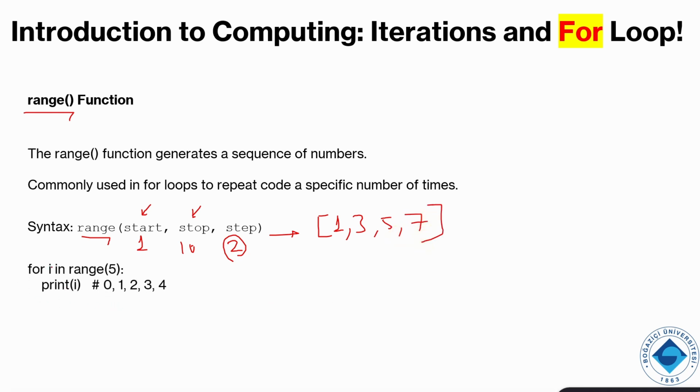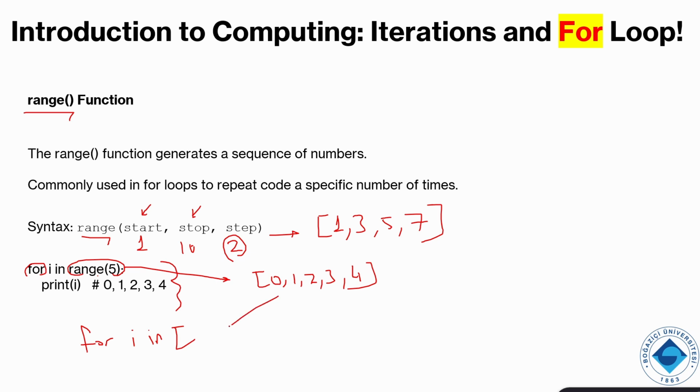If I try to print a list by using a for loop and range, I can use this skeleton again. Here, it will produce a list like 0, 1, 2, 3, and 4. Then it will go to the for loop, for i in 0, 1, 2, 3, 4, not 5, just 4.